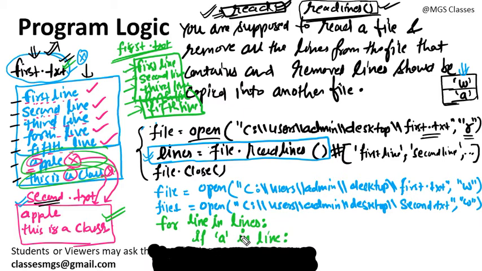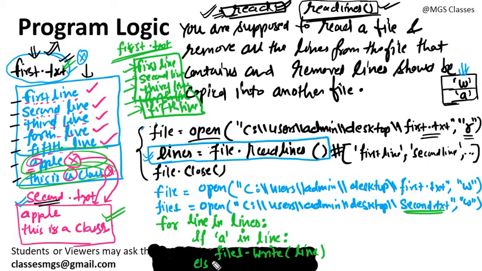So now if A is contained in the file line, then I will write this line into second.txt. I will use file1. File1 is a pointer that is used to write into the file second.txt. So file1.write, I will write this line into second.txt.